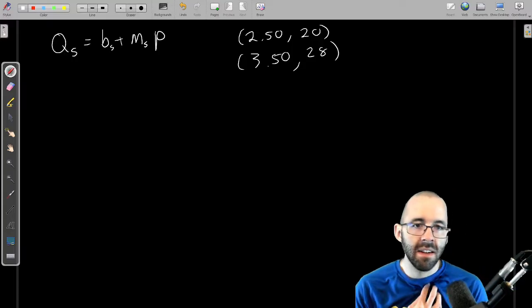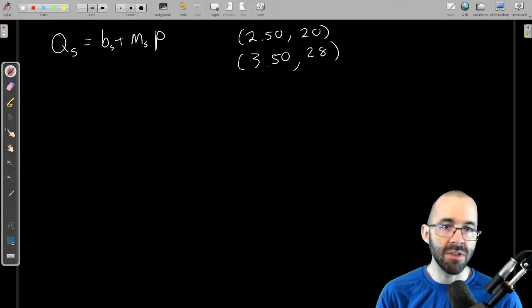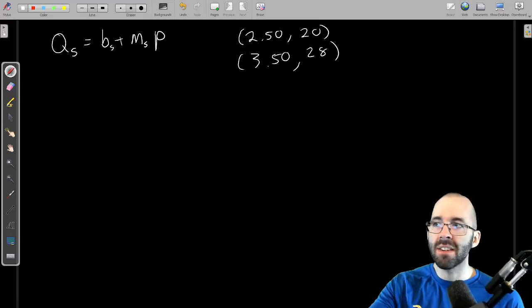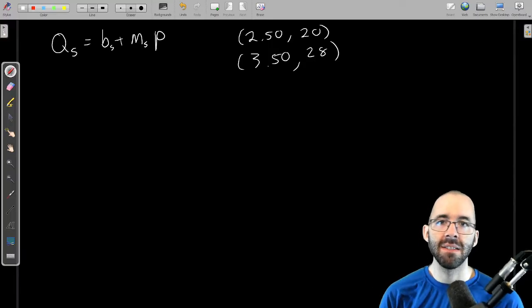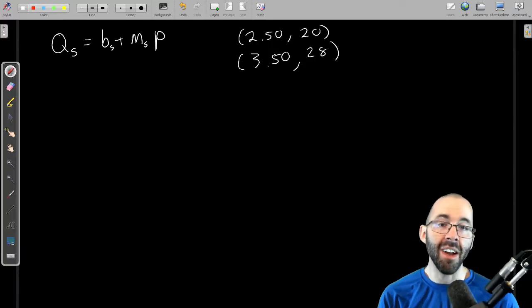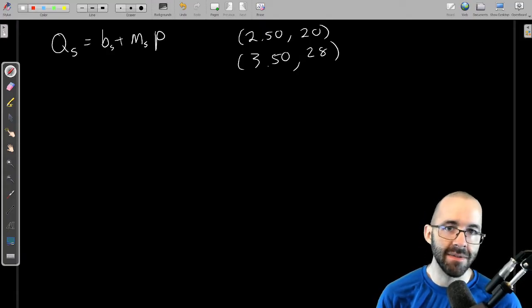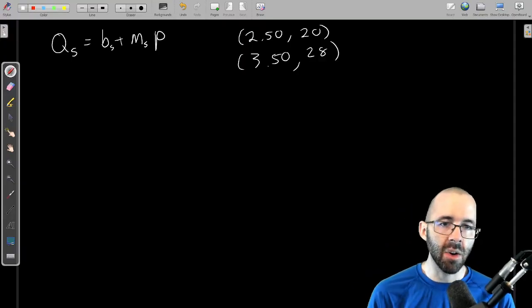Again, if the price is increasing from $2.50 to $3.50, the supply will increase as well. If the price that things sell for goes up, there's going to be more supply, to an extent. Can't make oil out of nothing, but they will be more willing to sell it. So we're going to use these points again to find the second equation.